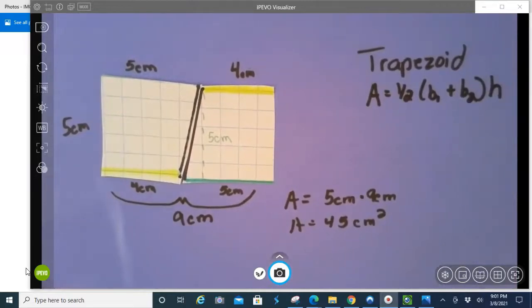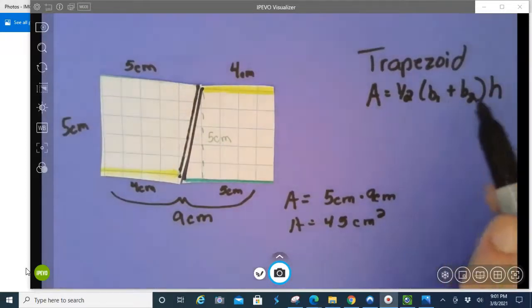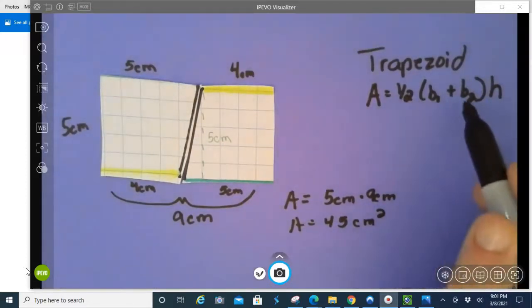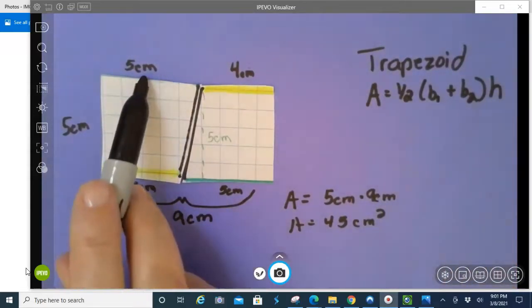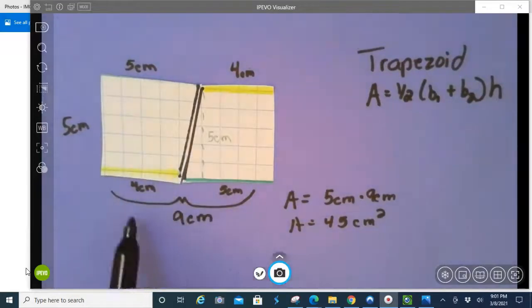So if you look at that, it looks a lot like our formula for a triangle, except instead of 1/2 base times height, it's 1/2 base 1 plus base 2 times the height, because we're taking half of one base and half of the other to make that base of the rectangle.